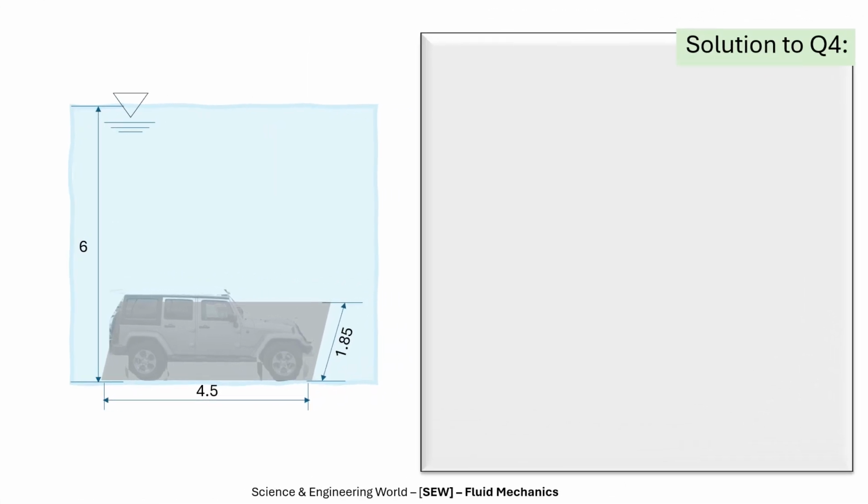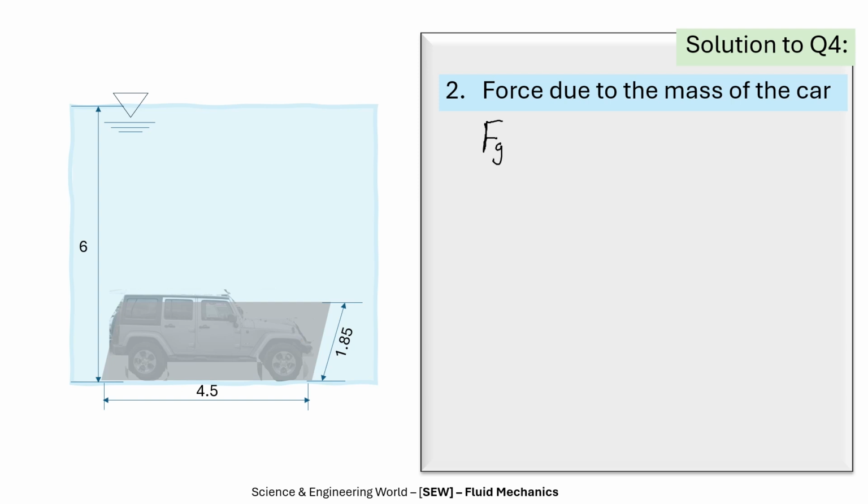The second force is the force due to the weight of the car. It is a gravitational force, so we call it Fg, which is given as mass times acceleration due to gravity.